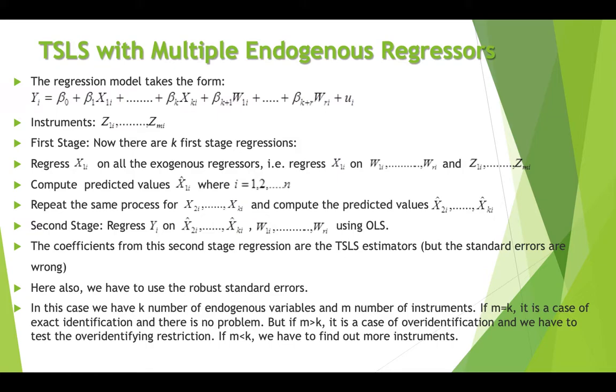So, all of them are TSLS estimators, but their standard errors are wrong. So, we have to use robust standard errors.